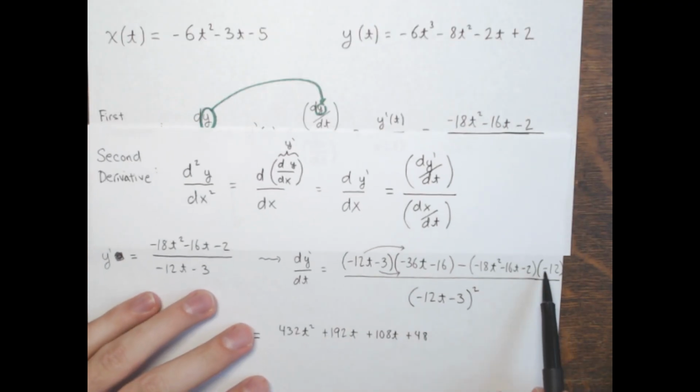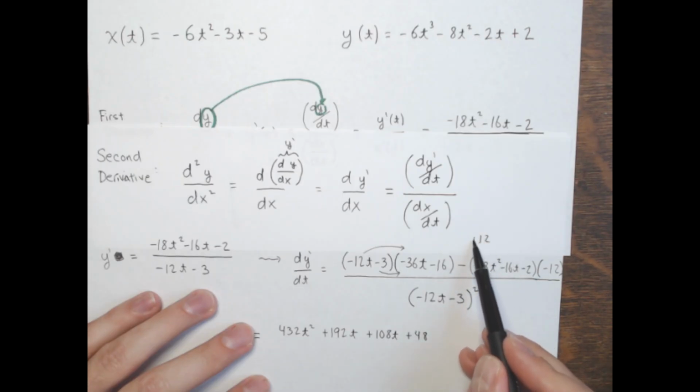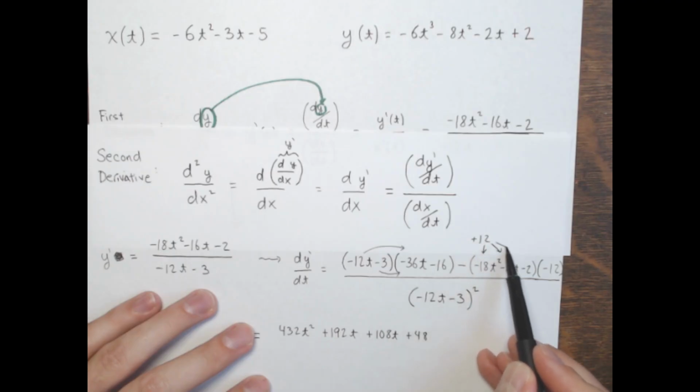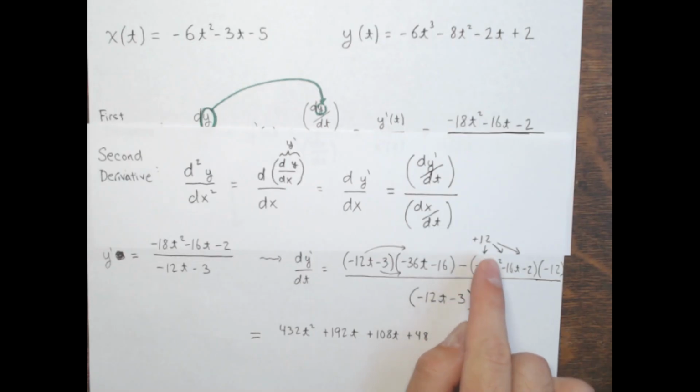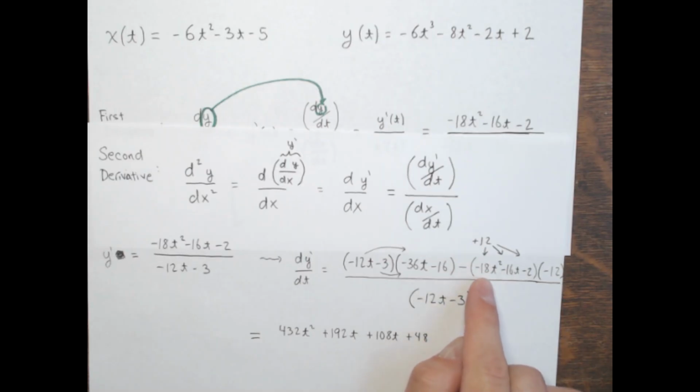All right, and then here, I'm going to take negative 12. We have the opposite of negative 12, so I'm going to be putting positive 12 times all this. Okay, so now 12 times 18, well, 18 is half of 36, so that's 216. That's a minus 216t squared.